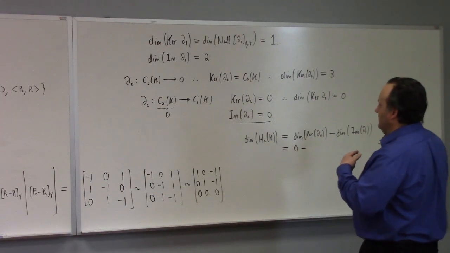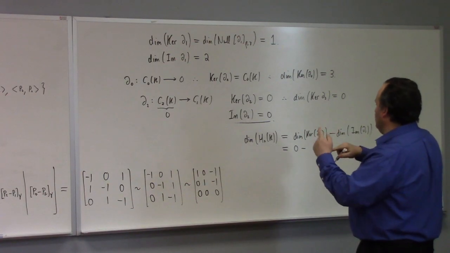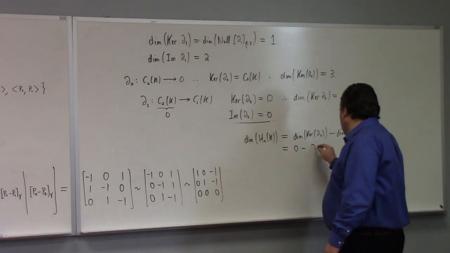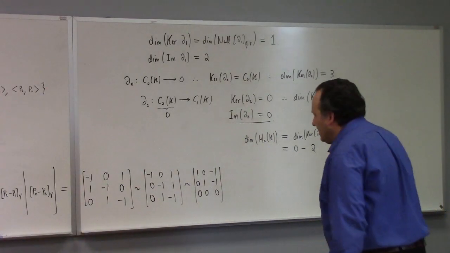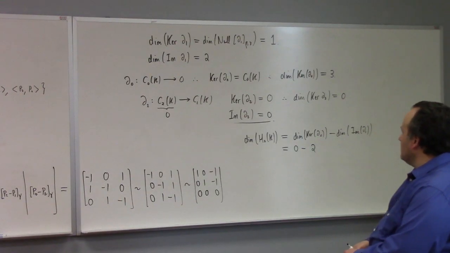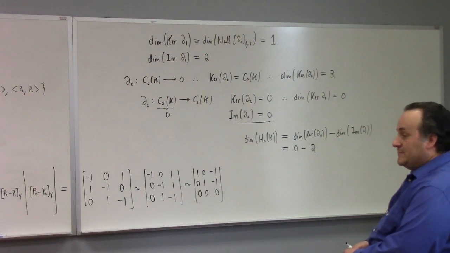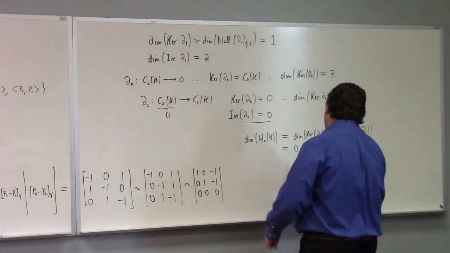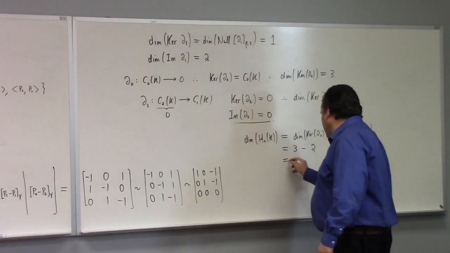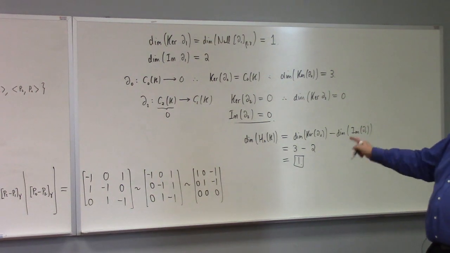Dimension of image boundary 1 was 2. Oh, that feels wrong. I don't like negative dimension. I think it's because I'm an idiot. I think 3. Yeah, 3. That makes much more sense. Thank you. Muchas gracias.